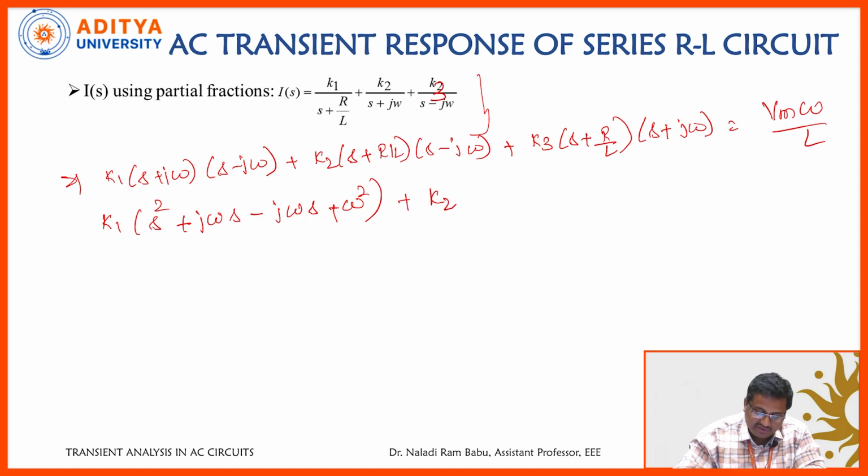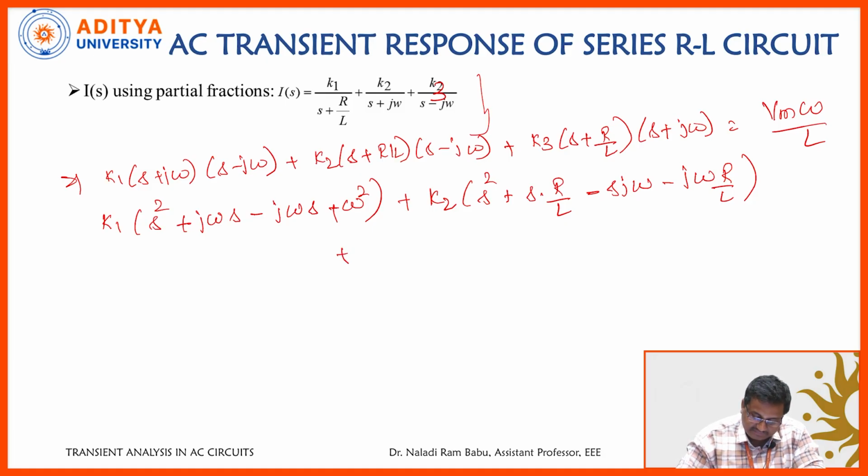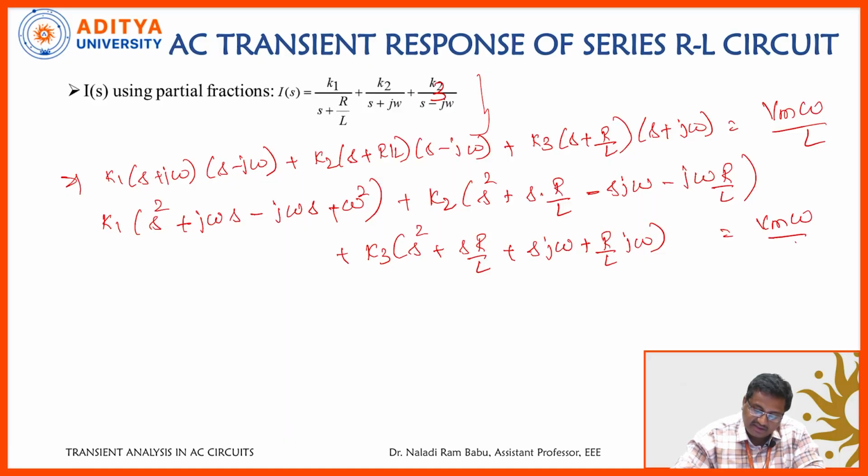Plus K2 into S square plus S into R by L minus S into j omega minus j omega into R by L. Now the leftover part is K3. K3 into S square plus S into R by L plus S into j omega plus R by L into j omega is equal to Vm into omega by L. So if you observe this one, these two get cancelled.